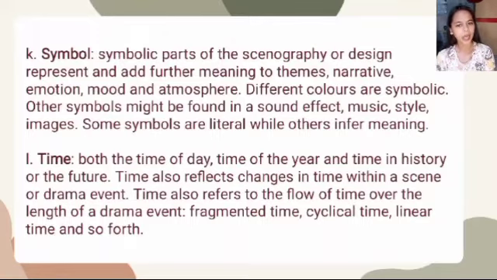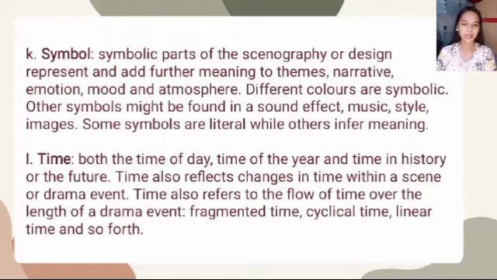Time may be as broad as particular eras such as the 1880s. Other dramas loosely convey the modern or contemporary portrayal of time. This may involve the season of the year, the month, day, or even hour.